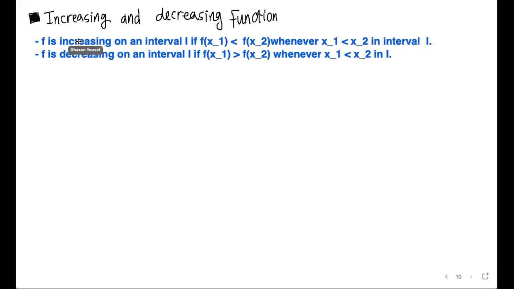So f is increasing on an interval I if f of x1 is less than f of x2 whenever x1 is less than x2 in the interval I. And the same thing for decreasing. I know this is the definition and it is hard to understand, but by graphing, I will explain more.